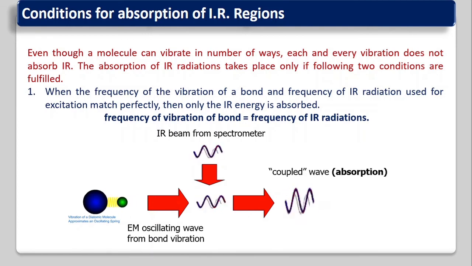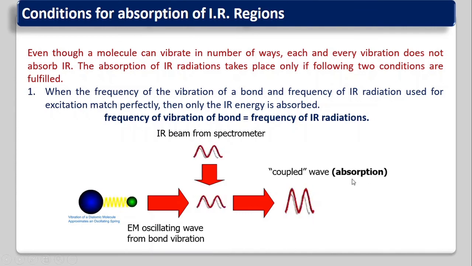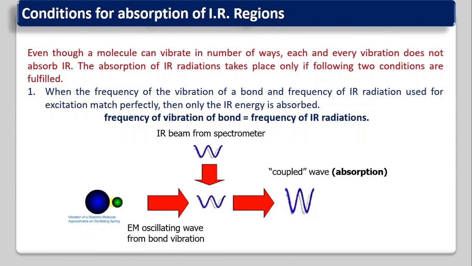Otherwise, it won't take place. This is fully quantized. If the provided IR frequency is higher, then also it won't absorb. If it is less, then also it won't absorb. It should be perfectly matched. Then only absorption will take place. And according to this absorption, we will get the information which type of bond, which type of vibrations are taking place in the bonds.